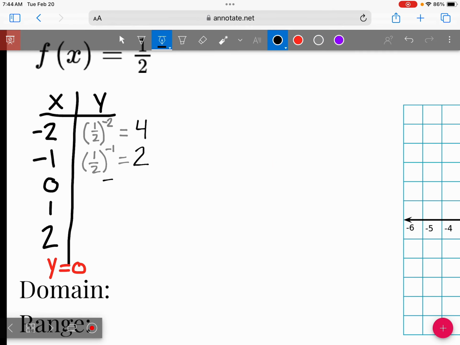Anything raised to a 0 power is 1. 1/2 to the first is just 1/2. And 1/2 squared is 1/4.